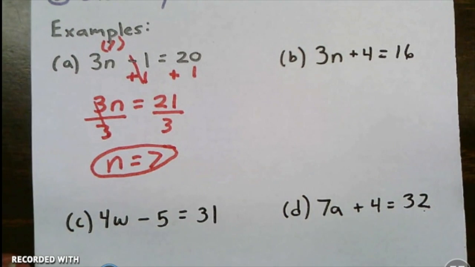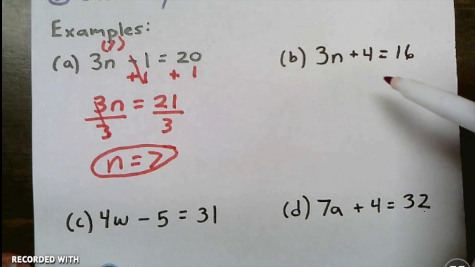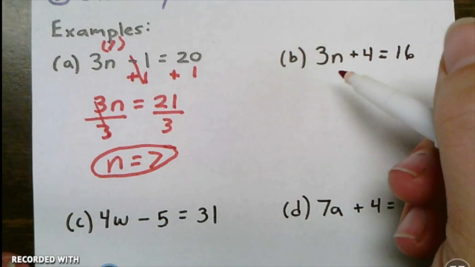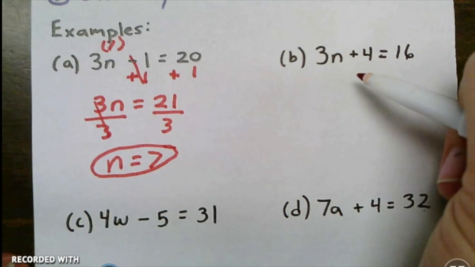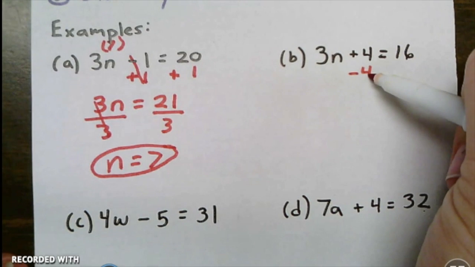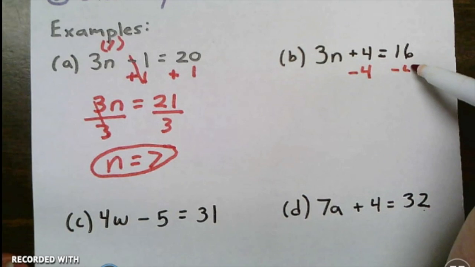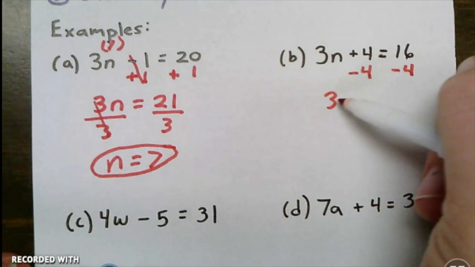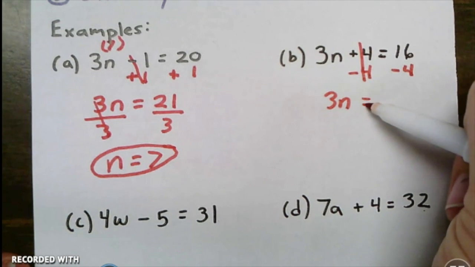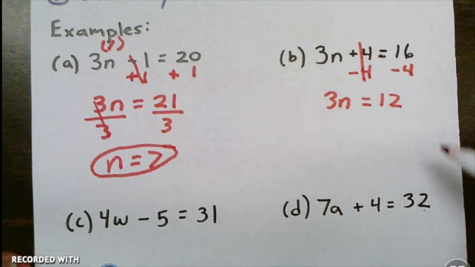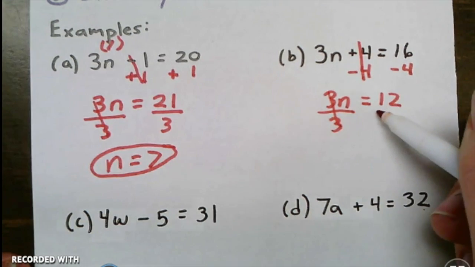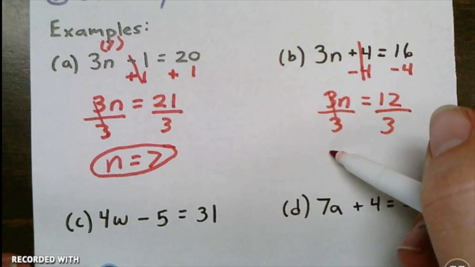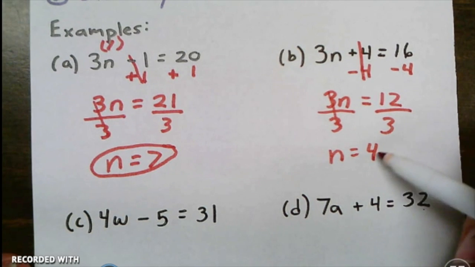Let's try example B. In this one, our variable is still n, and this time we're adding 4 to it. In order to undo that, I'm going to subtract 4. What I do to that side, I need to do to this side. So now I have 3n equals 12. 3 is being multiplied. I undo that with division, and I get n equals 4.